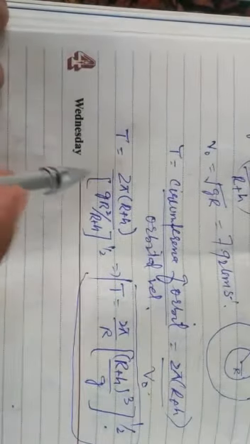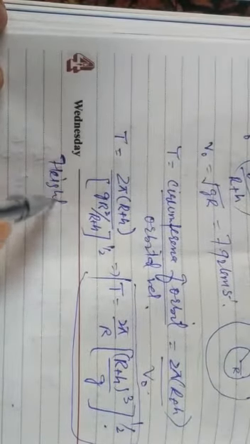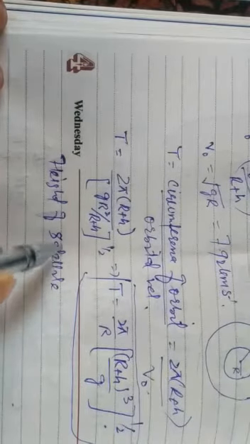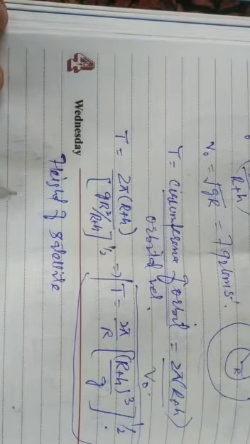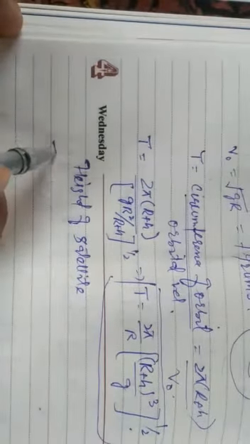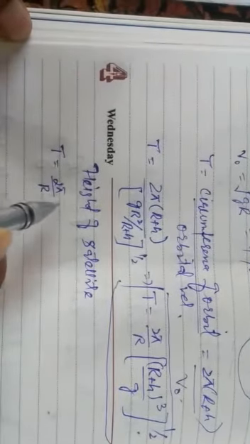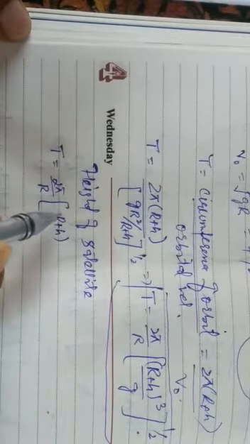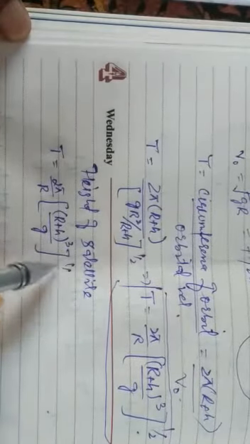Now after the knowledge of time period, you should also know the height of the satellite. That height can be calculated from the equation we know now. Time period T equals (2π/R) times ((R+h)³/g)^(1/2).